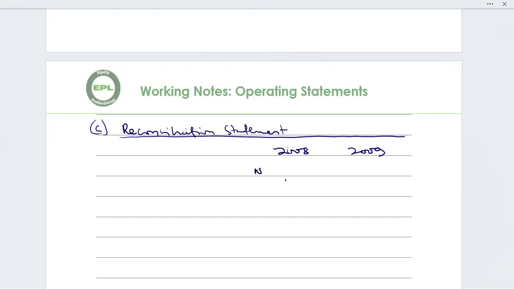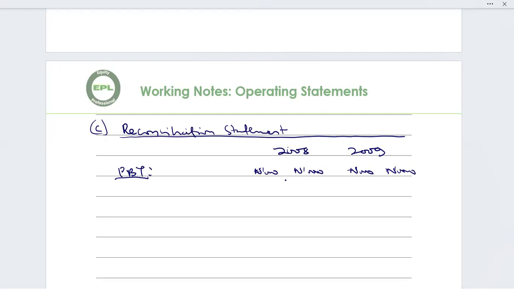Naira in thousand. If I don't want to do this, I can put my naira on top. So here I have profit before tax. Please, when you want to determine your reconciliation statement, you don't use net profits.